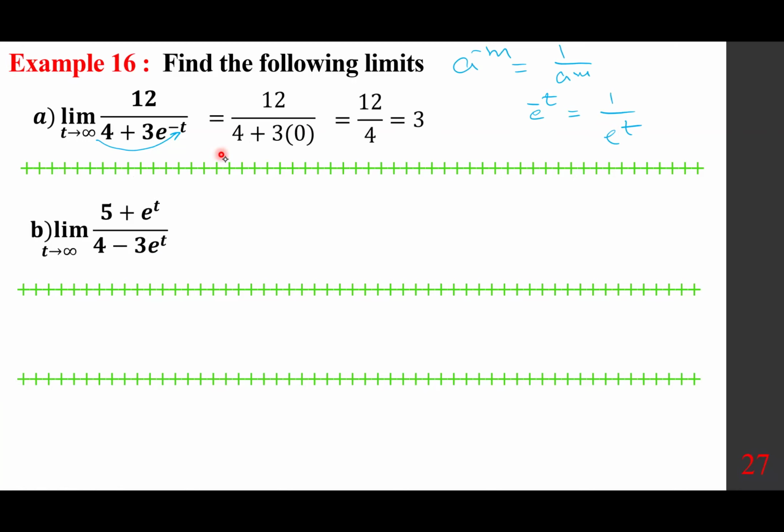In this case, although it's not a rational expression, because rational means the top and the bottom both must be polynomials, and they are not. But you treat it as such, and since t is approaching infinity, you divide by the highest value in the denominator, namely e to the power of t.